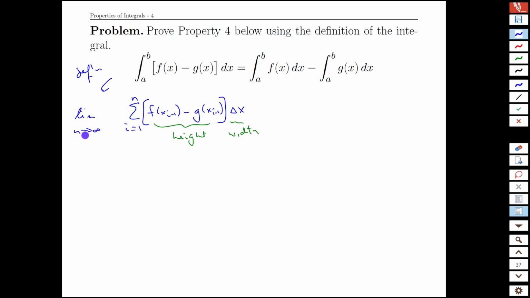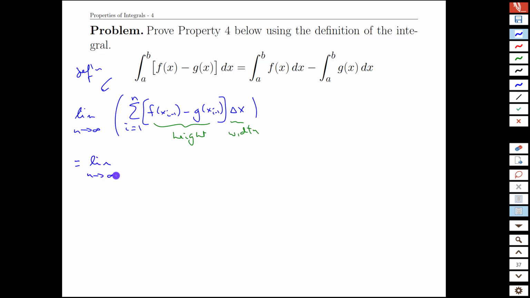All right. Well, the nice thing about writing it as a sum is that we can focus on that part of the scenario, and we can use the operations on sums. If I add up f minus g at all these different points, I could get exactly the same thing.